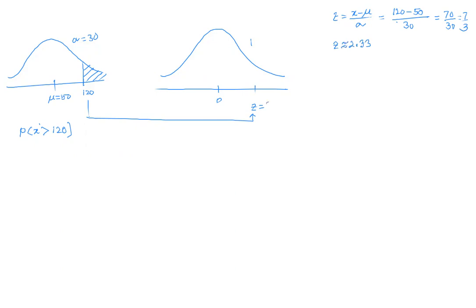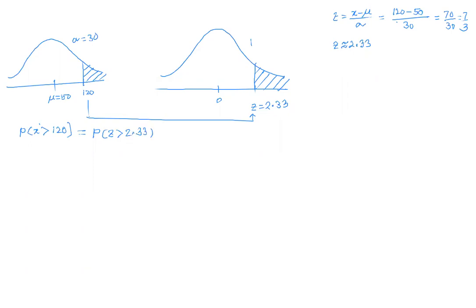So this is 2.33. So in essence, I'm looking for the area to the right here. All right, probability of x greater than 120 is the same as the probability of z greater than 2.33.